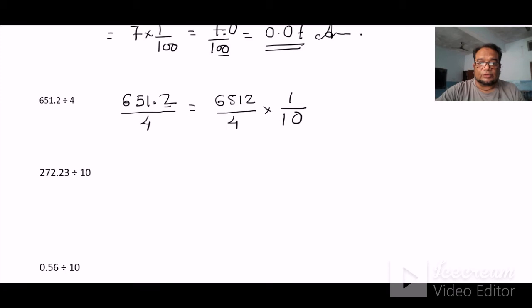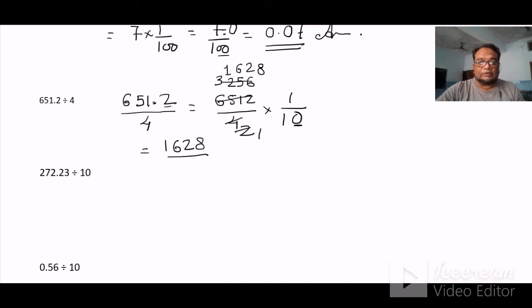Here 1 digit, so here is 1 zero. So now the next step is to divide this by 2. 2 twos are 4, 2 threes are 6, 2 twos are 4, 2 fives are 10, and 2 sixes are 12. 2 ones are 2, 2 sixes are 12, 2 twos are 4, and 2 eights are 16.